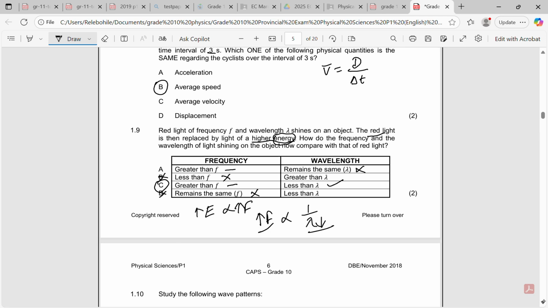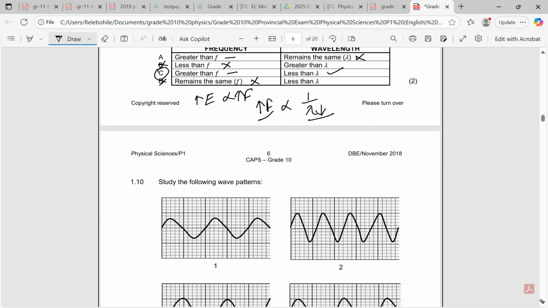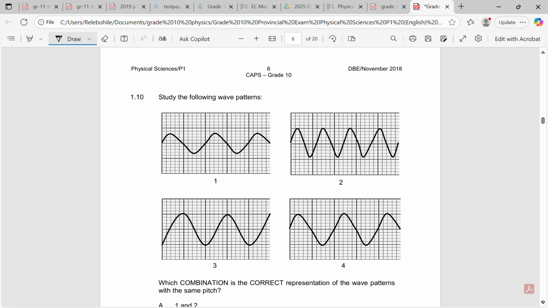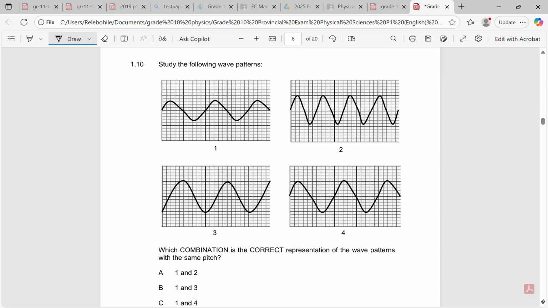Then we move on to the last question. This question says: study the following wave patterns, then which combination is the correct representation of the wave patterns with the same pitch? Pitch, remember guys, has a relationship with frequency.